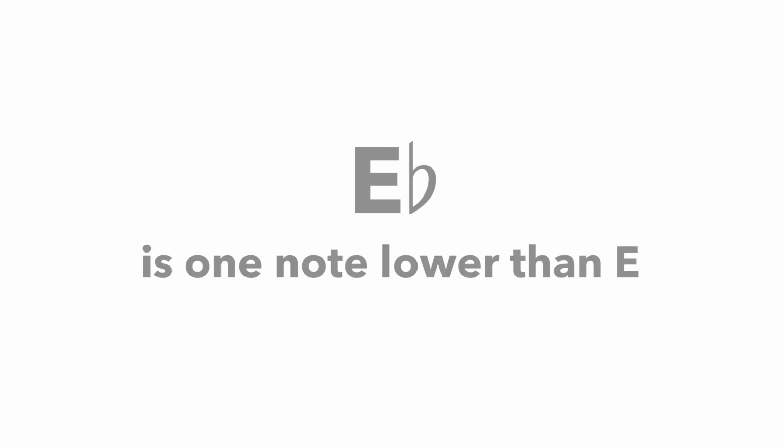Now, the other way to look at these musical notes is in terms of flats. Flats are marked with a little lowercase b. Flats are the opposite of sharps in the sense that they represent notes that are lower than the letter they're talking about. So when we talk about E flat, that's one lower than E. This is the other way to look at the 12 notes of the musical alphabet.